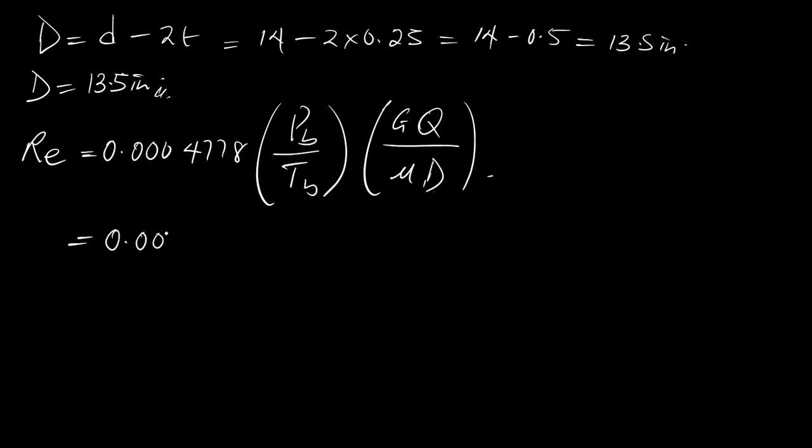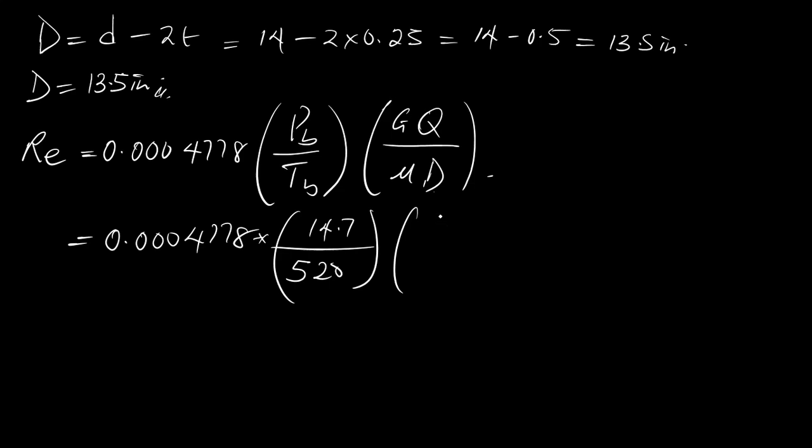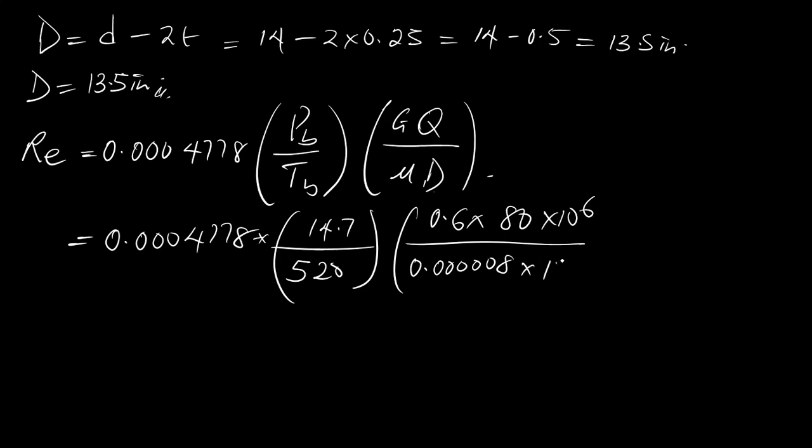So this is 0.0004778 times the base pressure, which is 14.7, divided by the base temperature, 520, times 0.6 specific gravity times the flow rate, which is 80 times 10 raised to power 6, divided by viscosity, which is 0.000008, divided by 13.5.